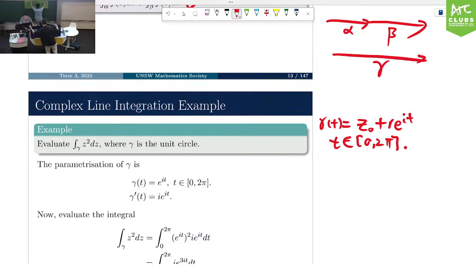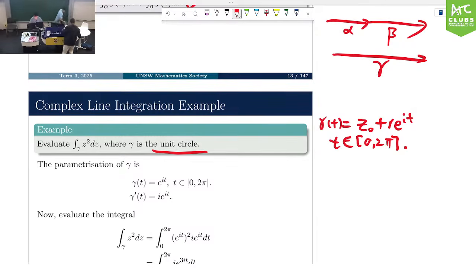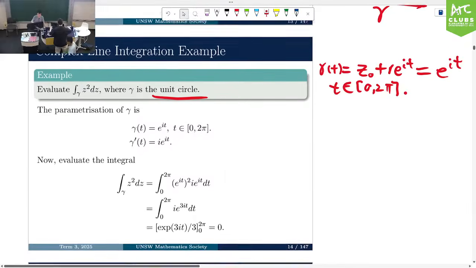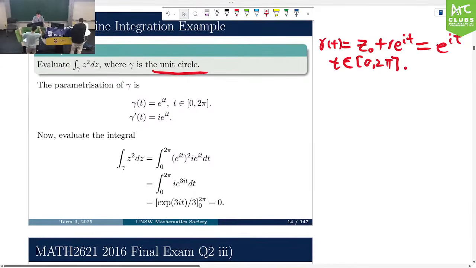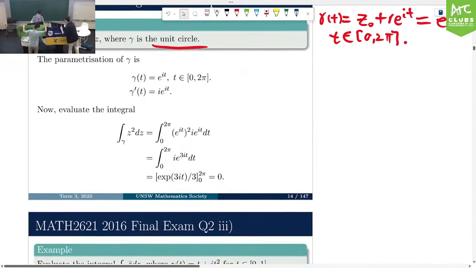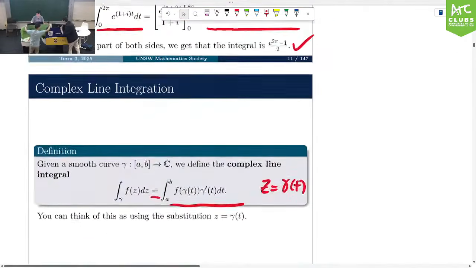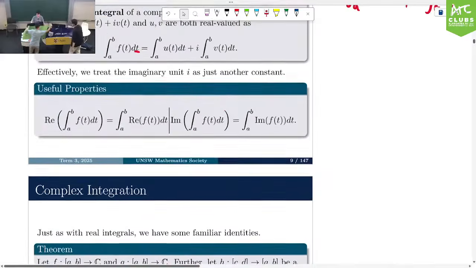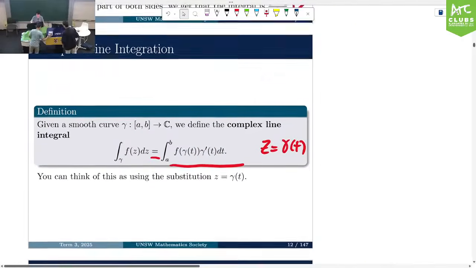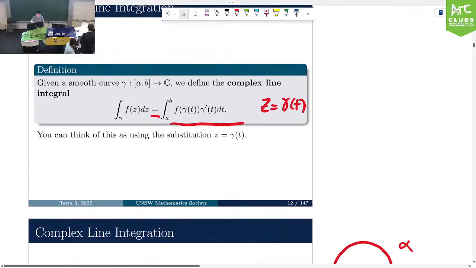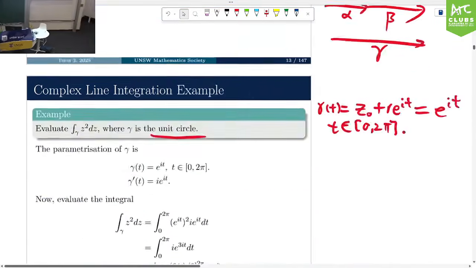In this case, z0 is 0, because the center is 0 for a unit circle, and r is 1. So the parameterization is just e to the power of it. We can differentiate this curve to obtain i e to the power of it, and use our previous definition of line integral, which is over here, by letting z equal gamma of t and multiplying by gamma prime of t.